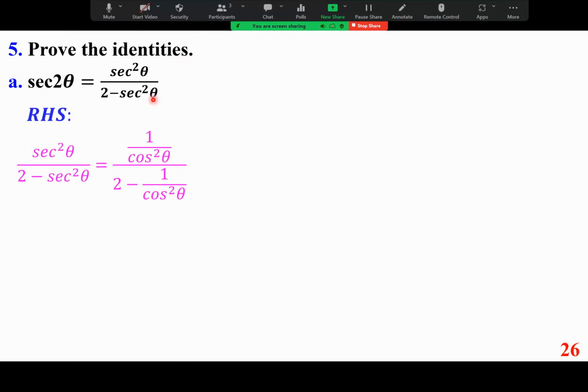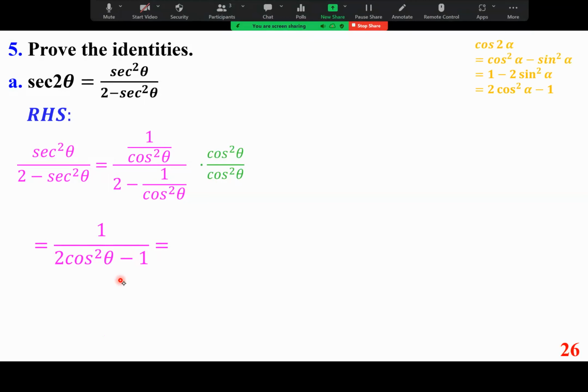Now, this is a complex fraction, and you multiply the top and the bottom by cosine squared theta, which is the LCD. And it makes the top just come out as 1, and the bottom 2 times that minus 1. Now you may recognize this as cosine 2 theta, right?